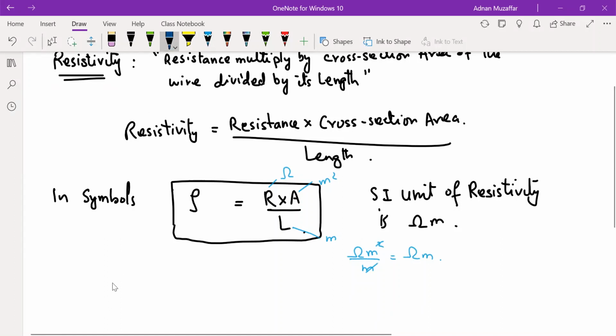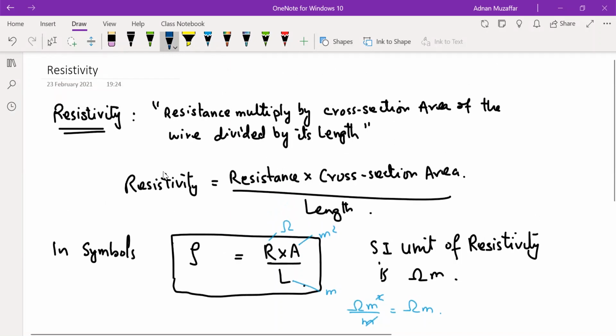Beside this, you should know the actual physics behind it. What is the actual meaning of resistivity according to physics? I have only given you the mathematical definition.